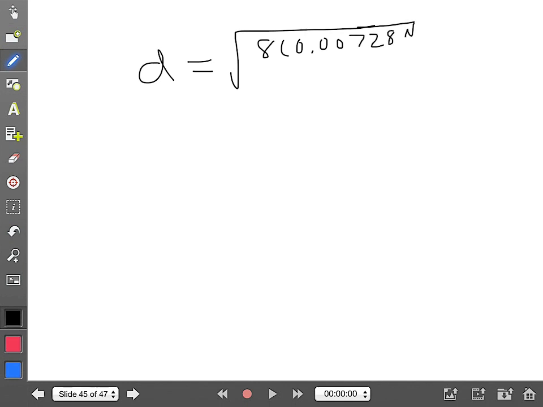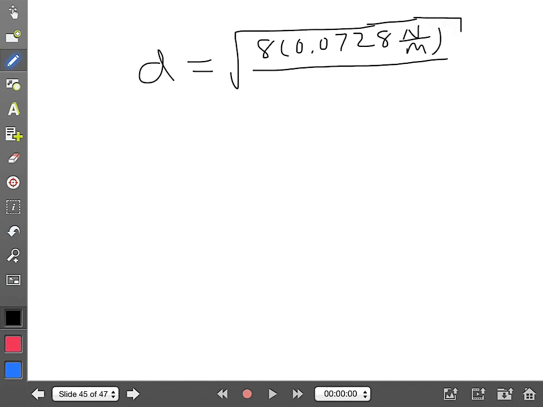So when we solve for this, we're going to have the square root of 8 times 0.0728 Newton. I did that wrong, I got an extra zero in there. 0.0728 Newton per meter. Again, that's the force per unit length.